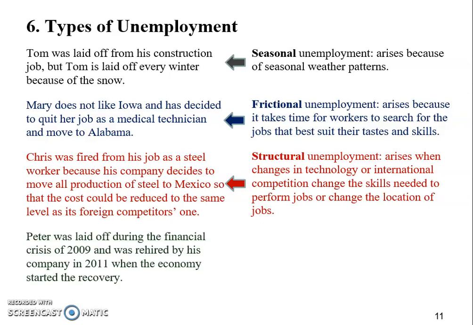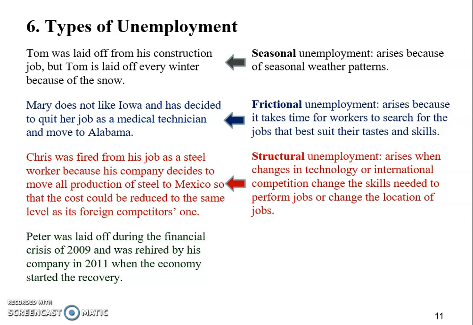The last example, Peter was laid off during the financial crisis and was rehired by his company in 2011. Now, in this case, you would find that Peter was unemployed not really because of his incompetency or something wrong with his company. It's just that the economy suffered from the financial crisis.